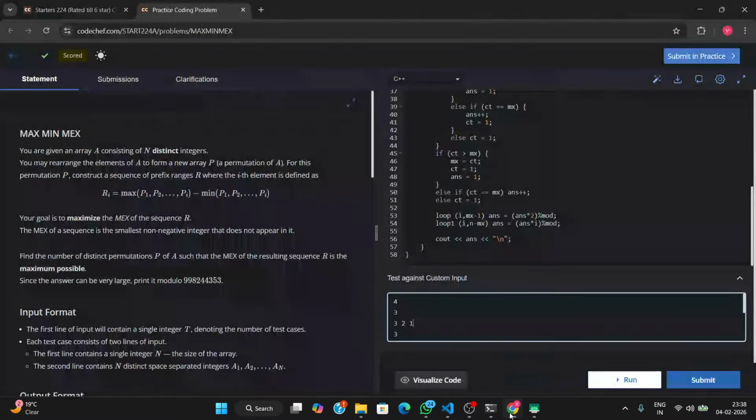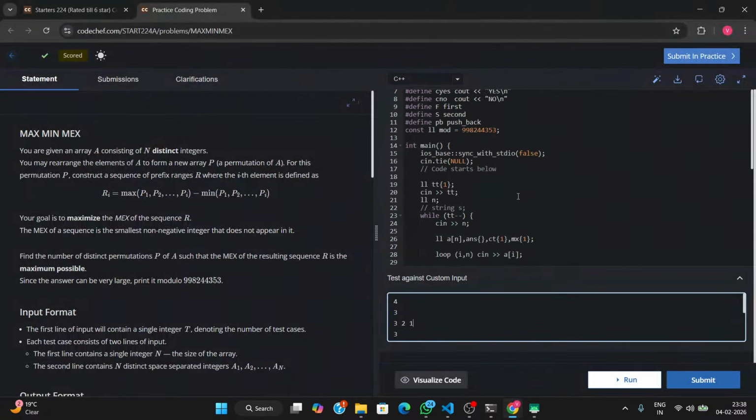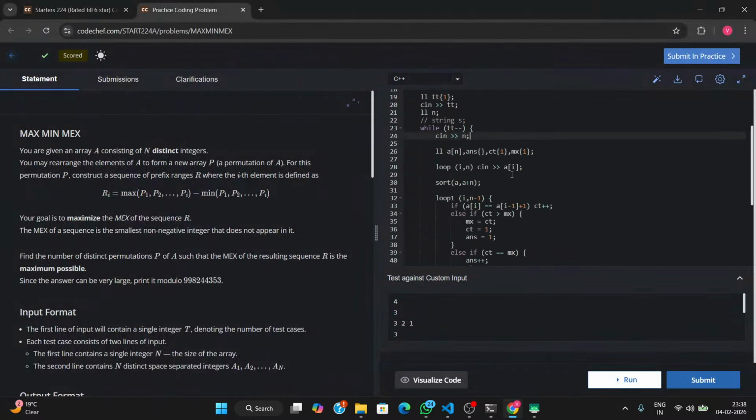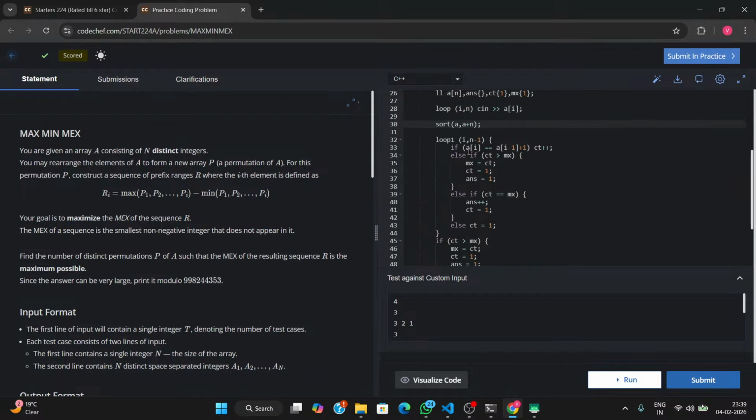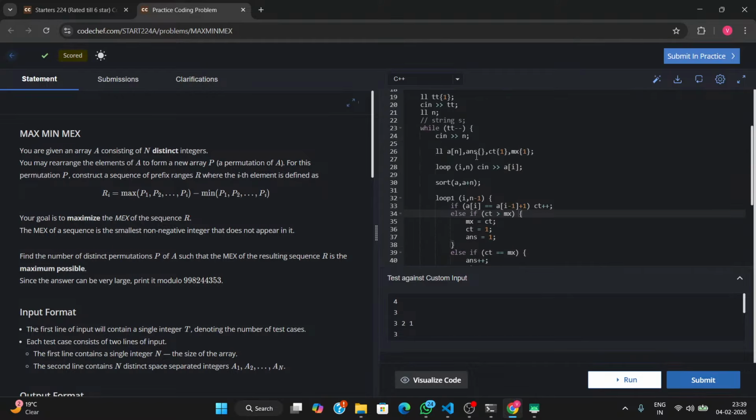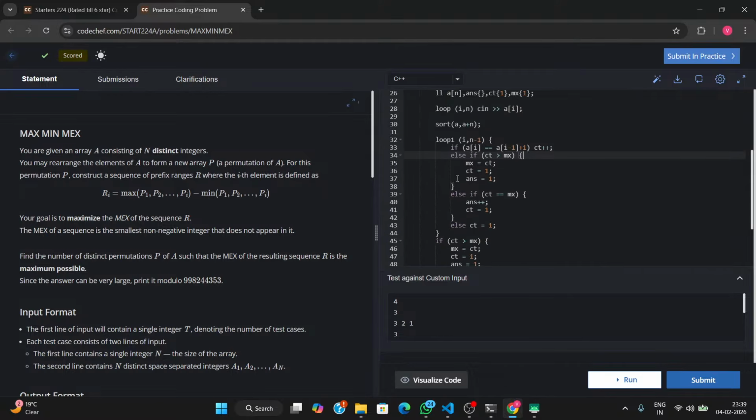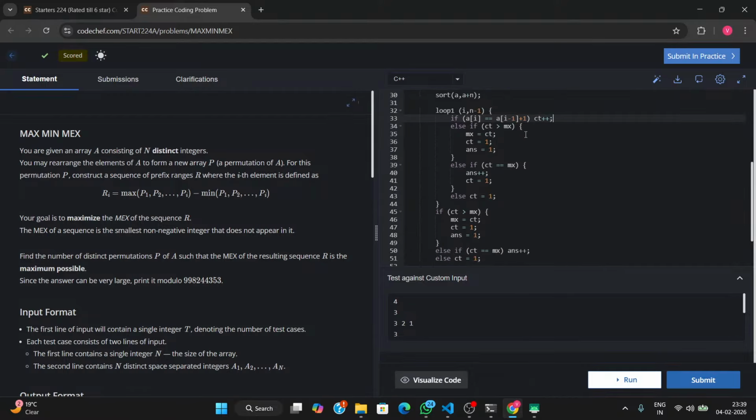Let's look at the code. We first of all take input of the array. We sorted the array. Now here we are calculating the max and also the corresponding count for the same. Count is stored in answer, right? So if the next element is simply one more than the previous element, then we will do CT plus plus.